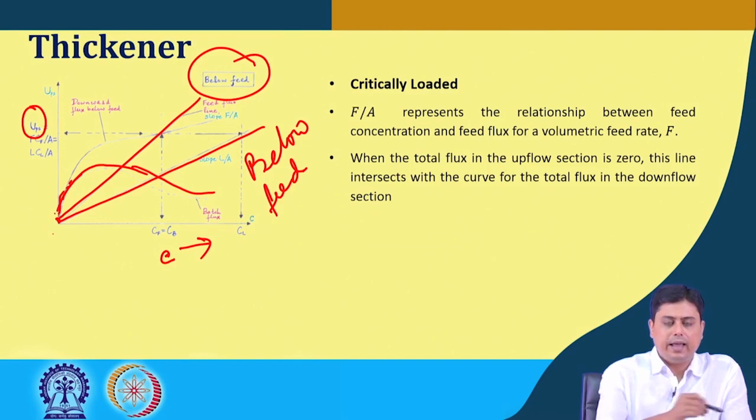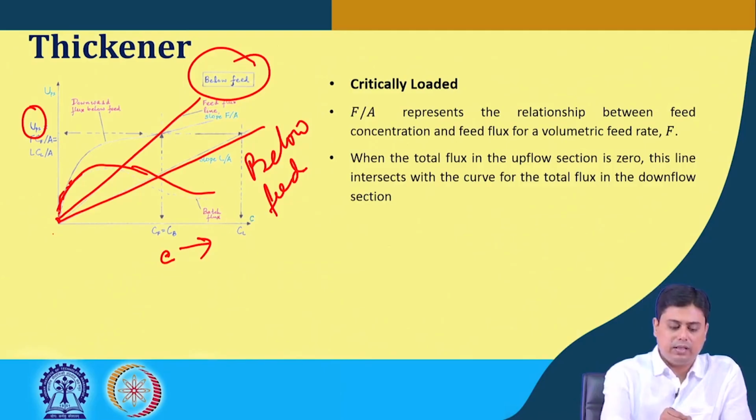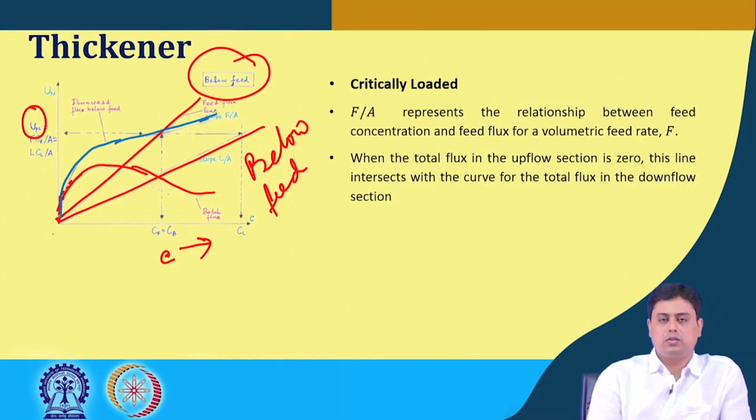And then, like we have seen earlier, the batch settling flux plus the bulk gives us the downward flux of the suspension below the feed, which, say, the resultant is this one.